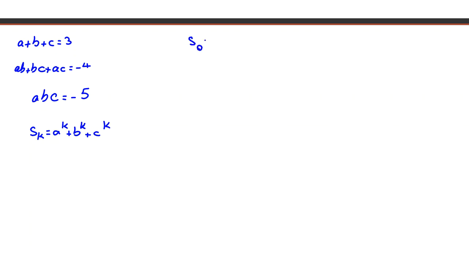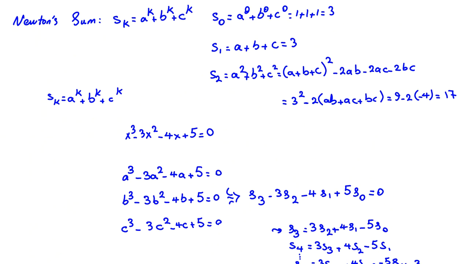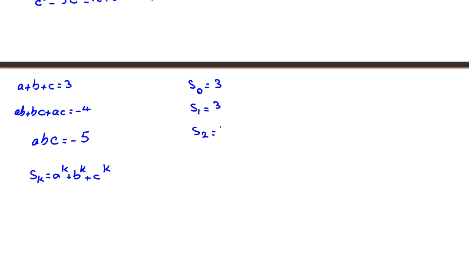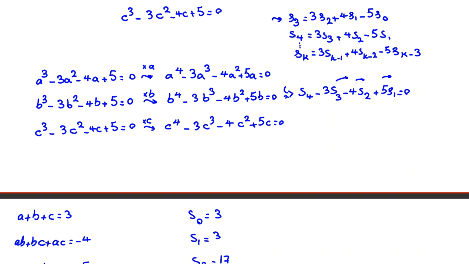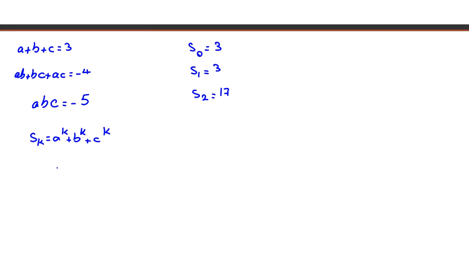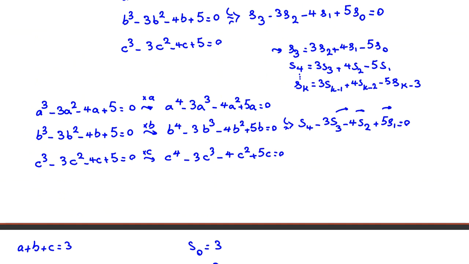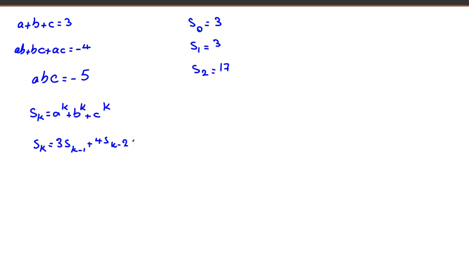Now we said Sk is a^k plus b^k plus c^k. We said S0 is 3, S1 is 3, S2 was 17, yes, 17. And we found a recursive formula for Sk: Sk is 3S(k-1) plus 4S(k-2) minus 5S(k-3).